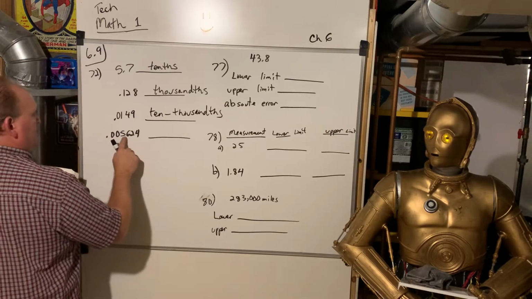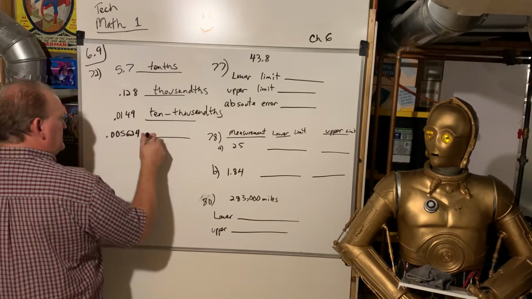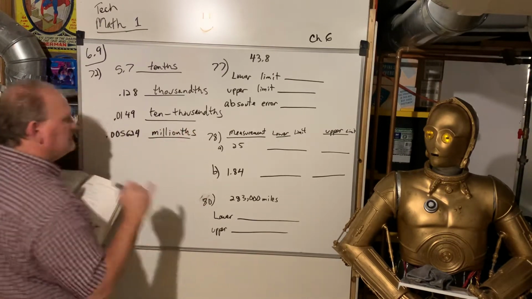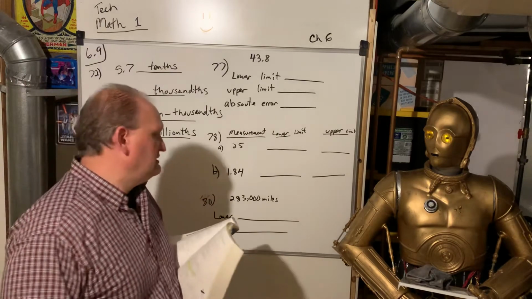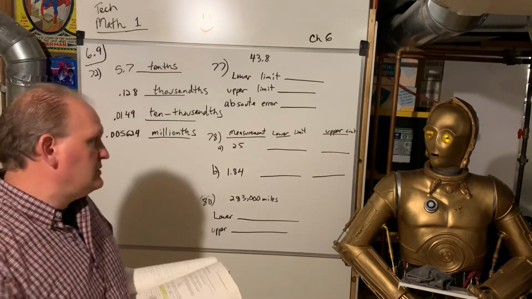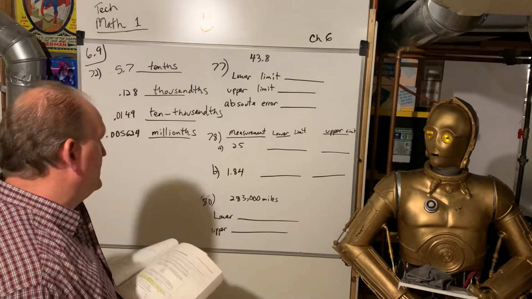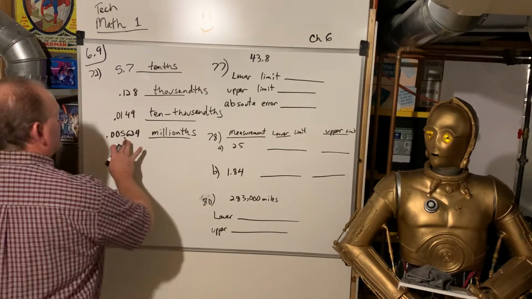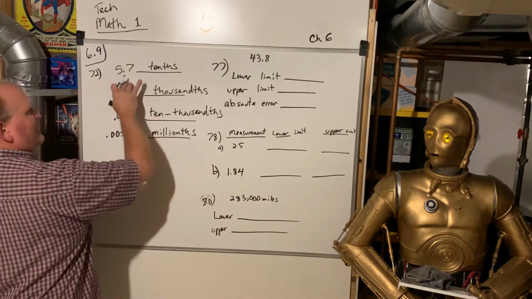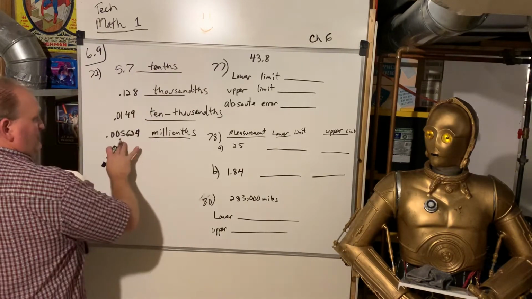Tenths, hundredths, thousandths, ten thousandths, hundred thousandths, millions place. Okay? So that's all precision is. Precision is basically what decimal place it is. And this has more precision than this, and this has more precision than this, and this has more precision than that. This is the least precise, this the most.